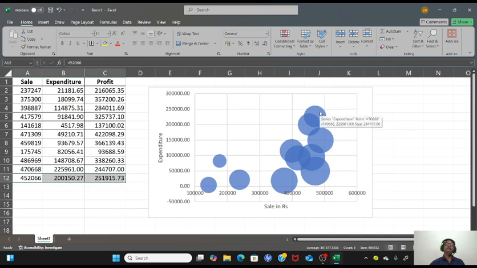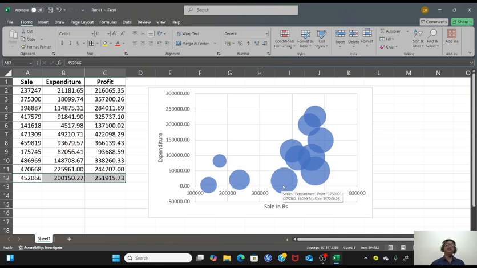This company has very high sale, simultaneously very high profit, and also very high expenditure. But if you look at this, they have high sale because they are on the right side of the y-axis, so their sale is quite high. And a big bubble indicates high profit, but their expenditure, that is their position along the y-axis, is relatively at a lower end. That means expenditure is less.